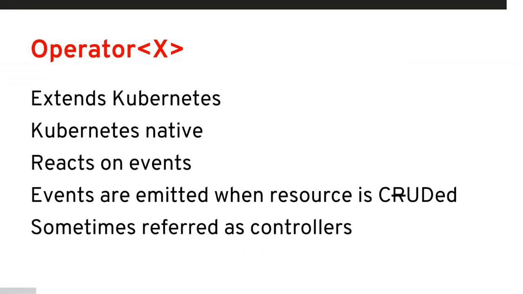It's a Kubernetes-native application, meaning that it doesn't actually make any sense without Kubernetes because it's calling the Kubernetes APIs. It's an event-based system. It reacts on various events when those resources are created, updated, or deleted. And before, I think it was also called controllers, if you ever hit the name.